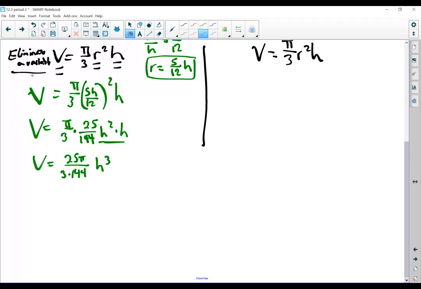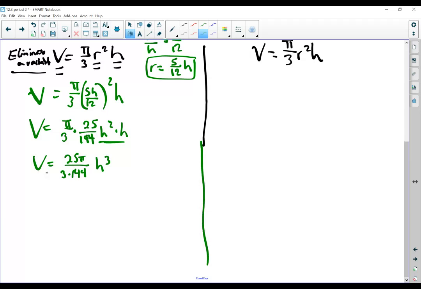So now look at the rewrite of my function. Now I have a function for volume in terms of just height, and I've gotten rid of all the multiplication and all the r's. I have a nasty constant, but on the flip side, a really nice function to implicitly differentiate.